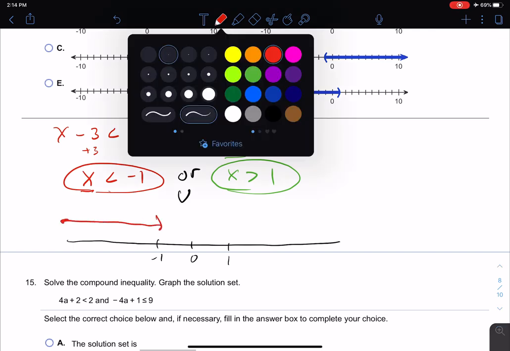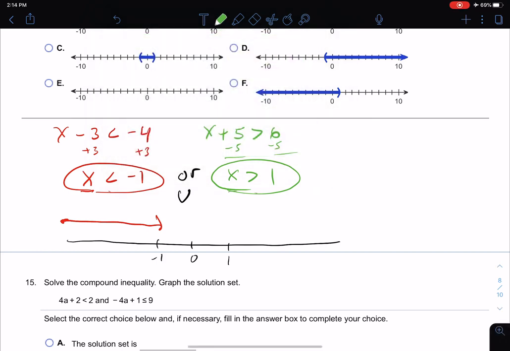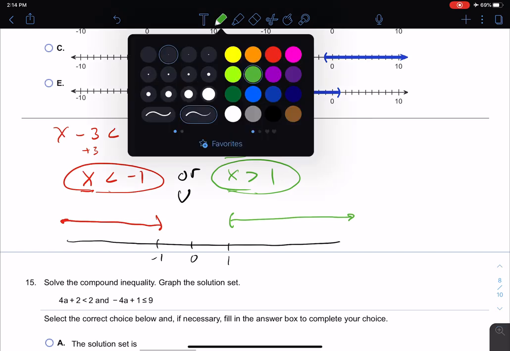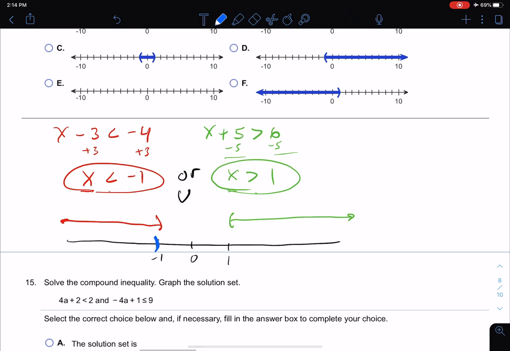And then in green, shade the x values that are greater than 1, not equal to it, so it's open like that. And I want to take the values in both of those, or the union. So my answer would just be all of those values. You're not trying to do any intersection, it's the union. So it looks like that, and it looks like that.